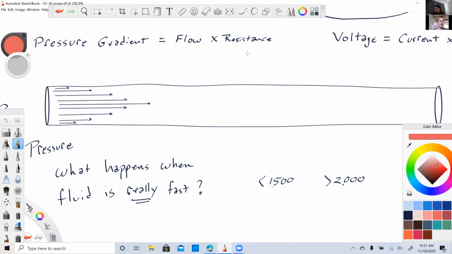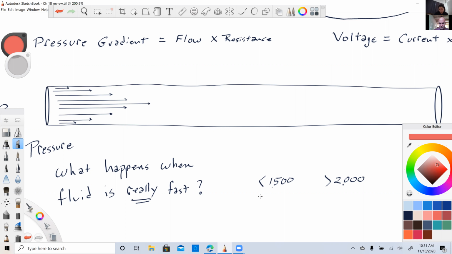So the other way of getting a Reynolds number of greater than 2,000, in other words, turbulence, it can occur in a straight pipe. Now this would be very rare in the human body. So I don't know that you have to know this, but it's an easy enough concept for us.